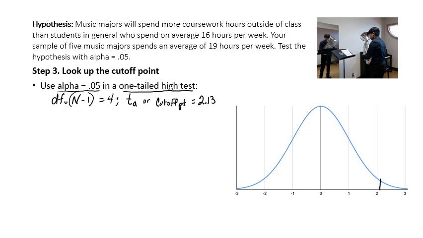So here we go. Let's place our 2.13 cutoff point right about here. We'll label it as T alpha now because we're doing a t-test, and we'll put our 2.13.